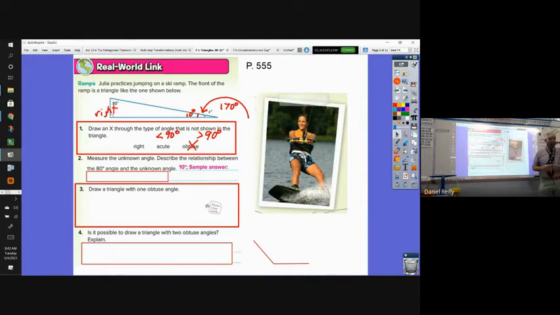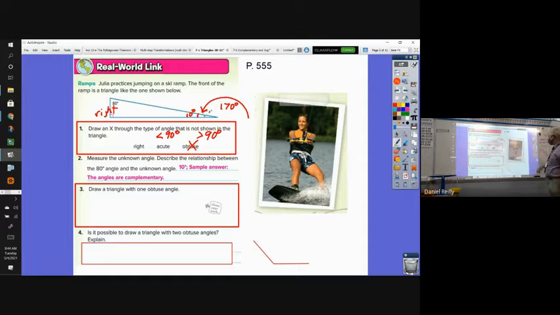They add up to 90, so the pair of them are complementary. What we just did for the whole first half of class. Complementary. Two angles that add up to 90 degrees.